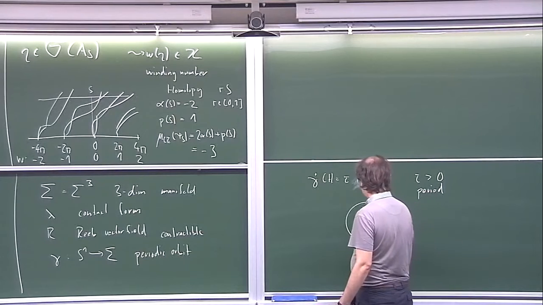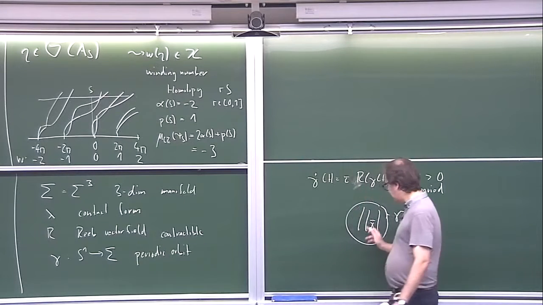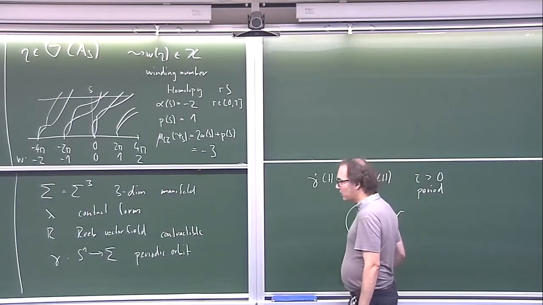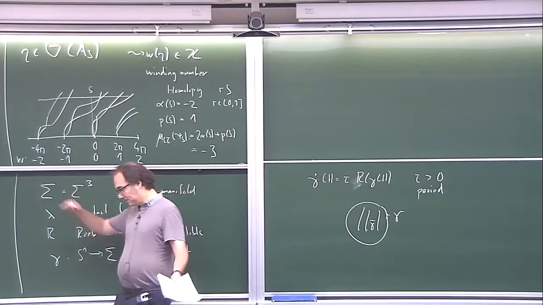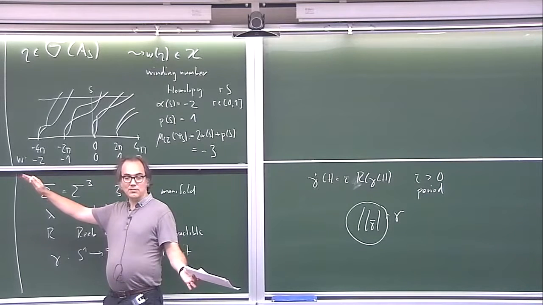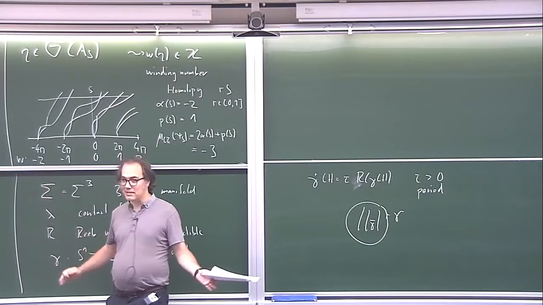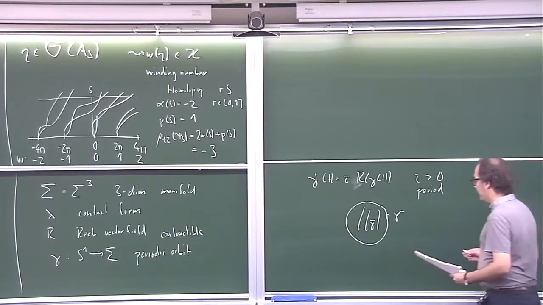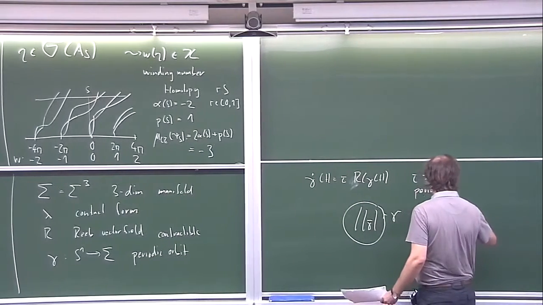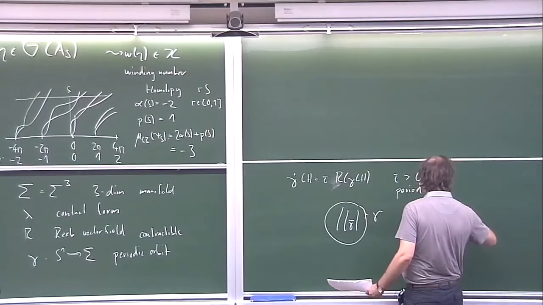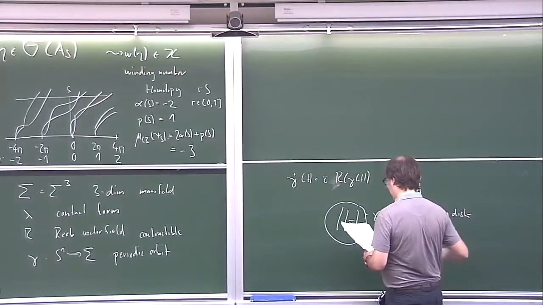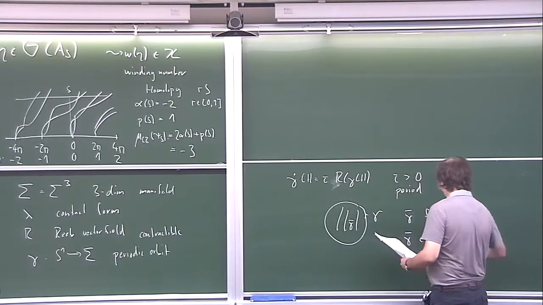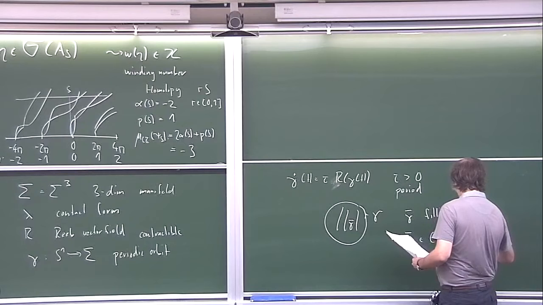Periodic orbit. So if it's contractible, we have here γ, and then we can fill in a filling disk. So for example, if this periodic orbit is the asymptotic orbit of a finite energy plane, we can just use the finite energy plane as filling disk. And so we have γ̄, the filling disk. So we have γ̄, a smooth map from the disk to Σ.